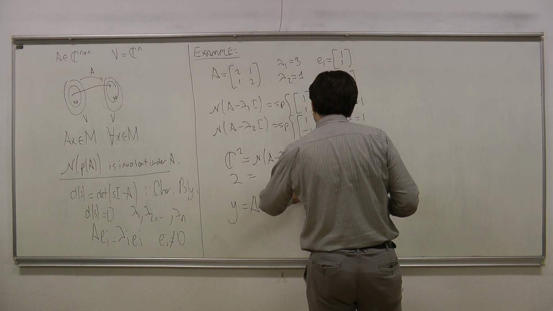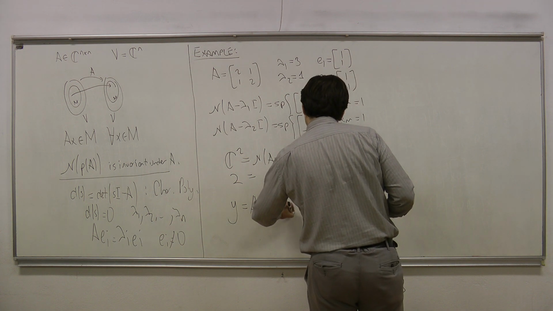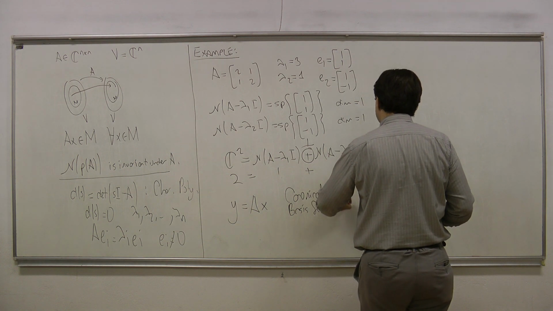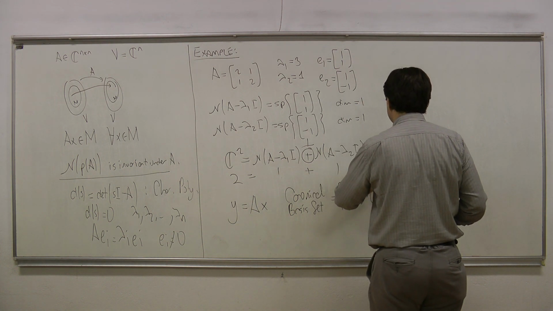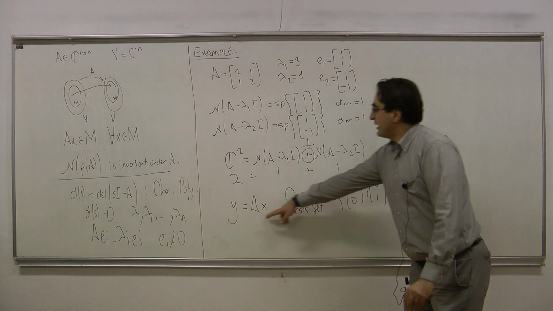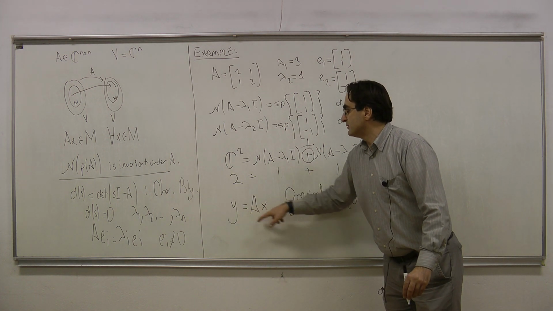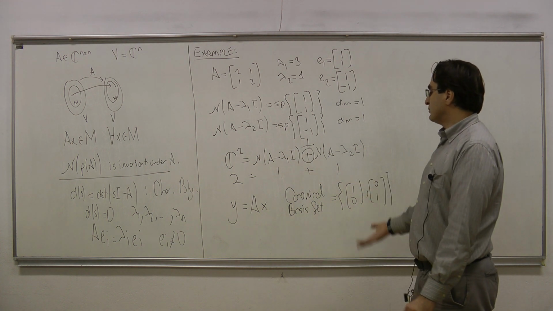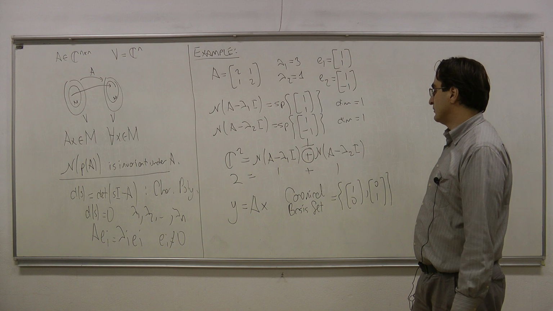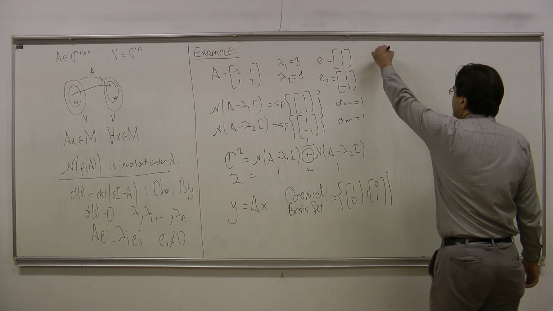So the canonical basis set for C2 is this basis set, 1, 0, and 0, 1. Okay? And when no basis set representations are written here, you have to assume that the default basis set would be the canonical basis set, which is given like this. Why is that?